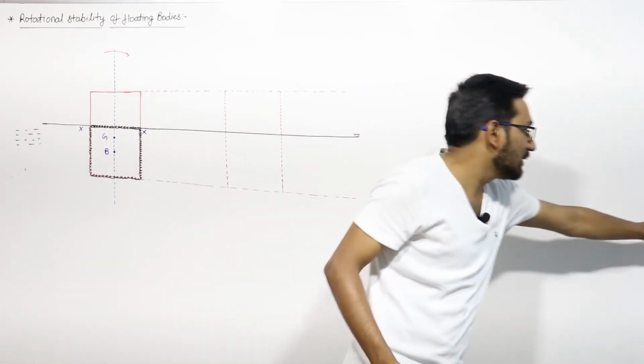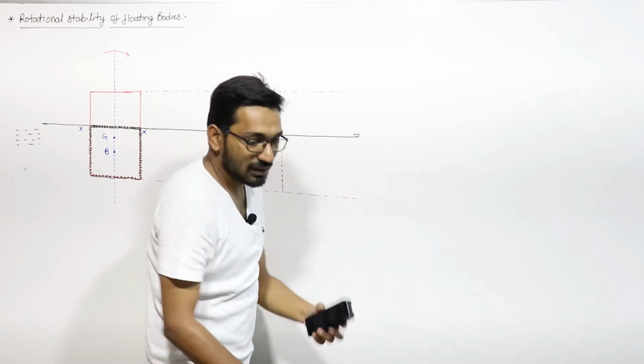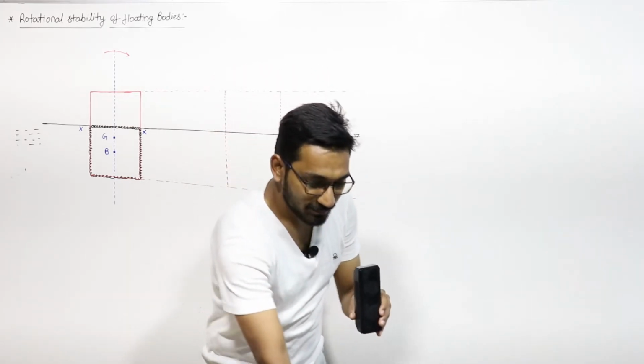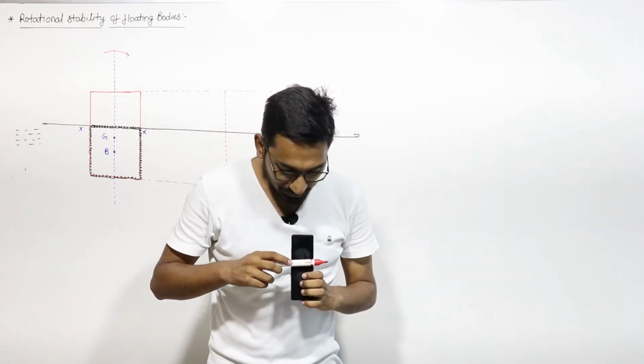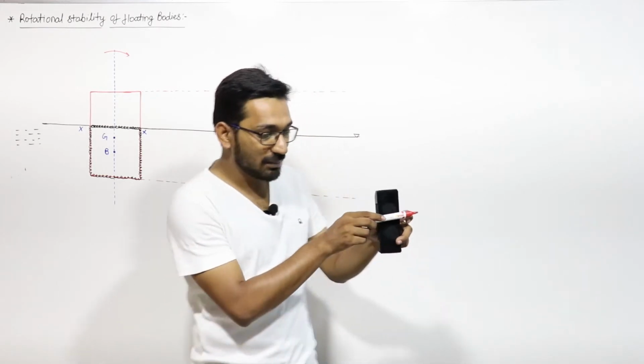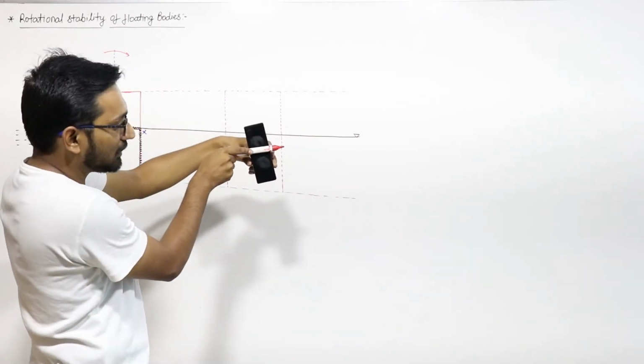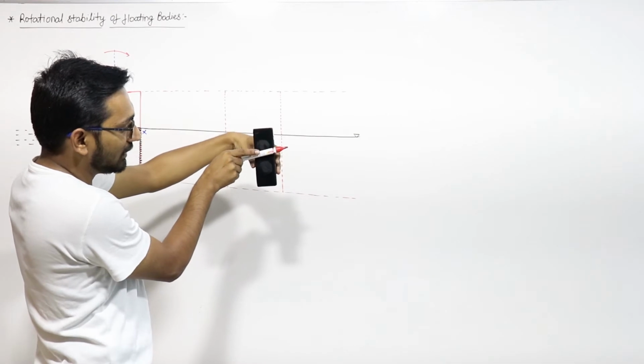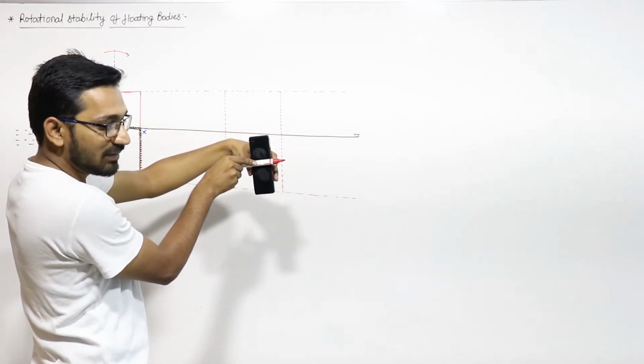If you see here, let us say this is the body, this is the fluid surface. Below this marker the lengths are 5, and above the marker the lengths are 5.